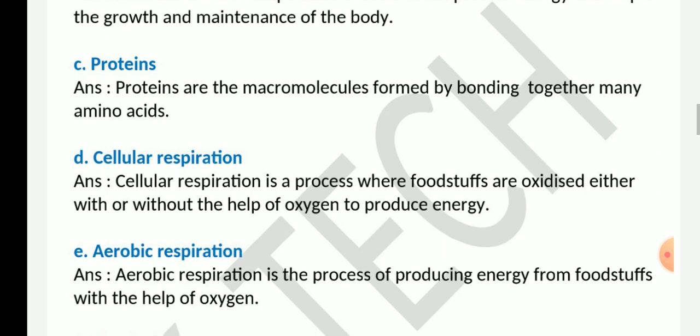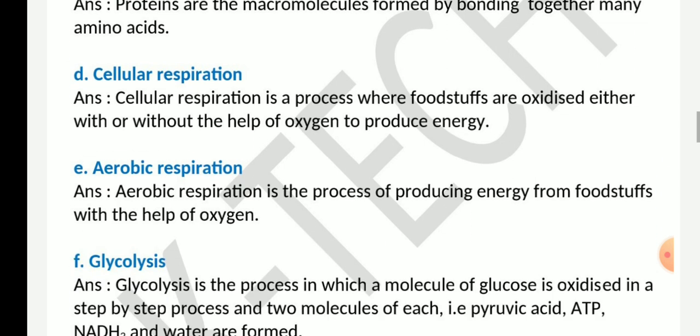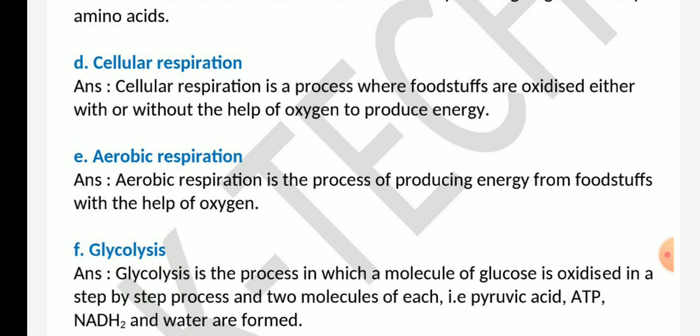Third, proteins. Proteins are the macromolecules formed by bonding together many amino acids. Fourth, cellular respiration. Cellular respiration is a process where foodstuffs are oxidized either with or without the help of oxygen to produce energy.